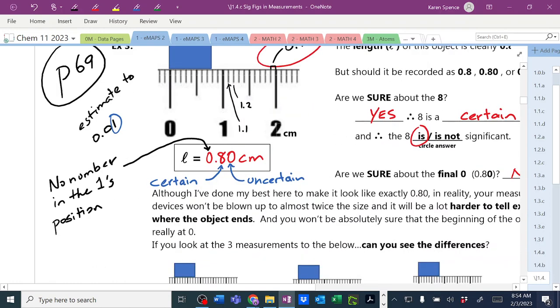They just tell us our number hasn't actually started yet. It doesn't start until we get to the 0.1 position. So there's no number in the ones position. This 0 just tells us our number has not started yet.